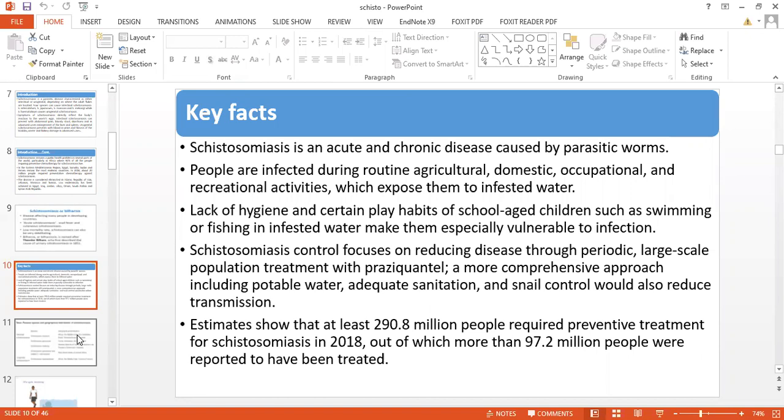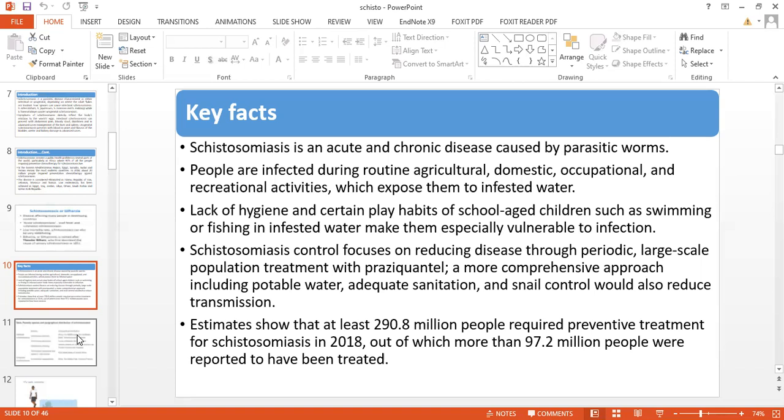Lack of hygiene and certain play habits of school-age children, such as swimming and fishing in infested water, make them vulnerable to infection. Schistosomiasis control focuses on reducing disease through periodic large-scale population treatment with praziquantel, with a more comprehensive approach including potable water, adequate sanitation, and snail control. These are the other measures we will discuss in a later part of this presentation.